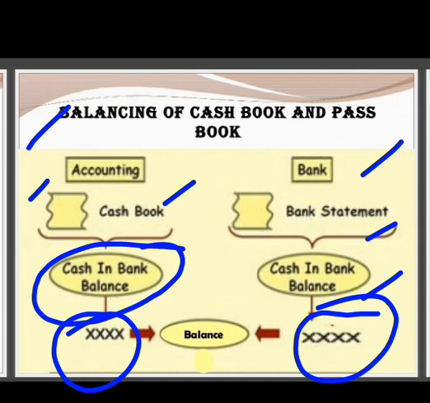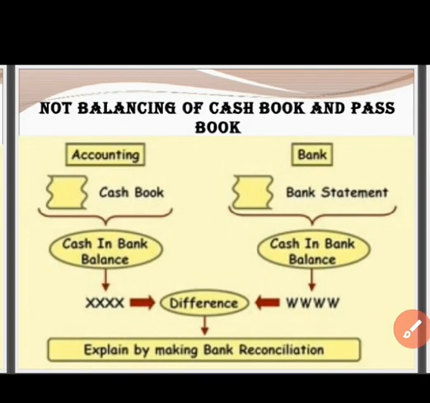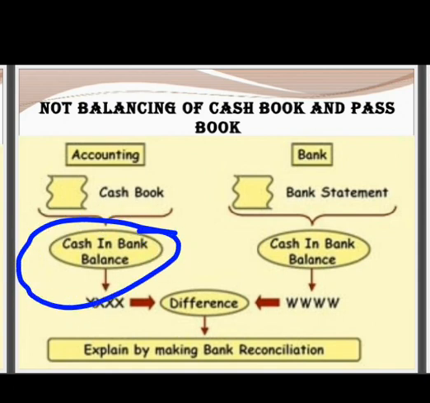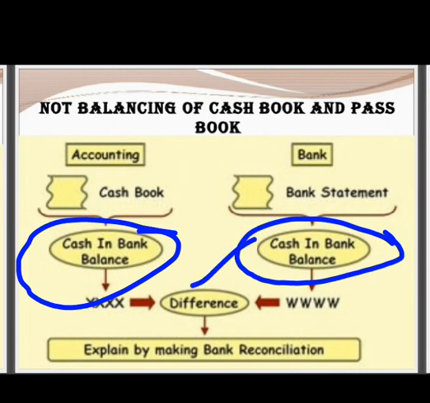Then there is a balancing of cash book and passbook, meaning if both are the same, then there is no mistake, our cash book and passbook are balanced. But if the bank balance according to our cash book does not match the bank statement, then there is a difference between cash book and passbook, and we have to rectify this difference with the bank reconciliation statement.